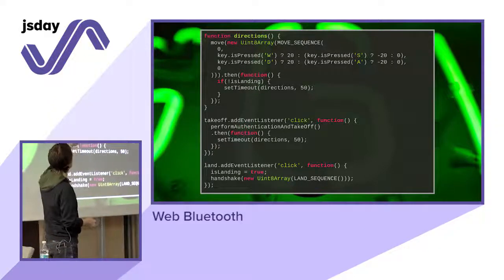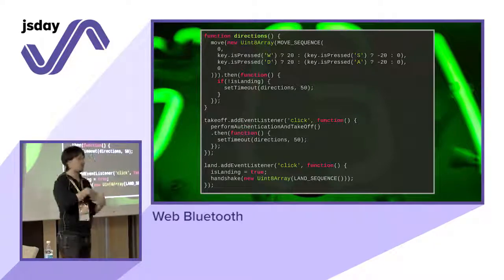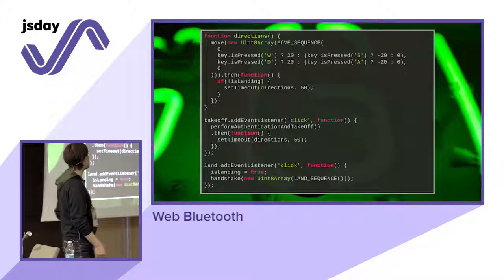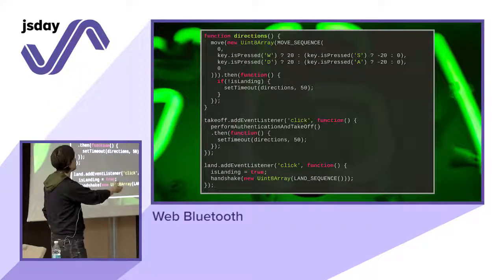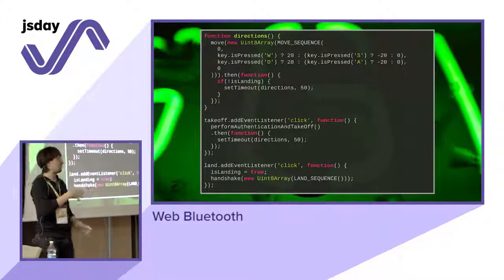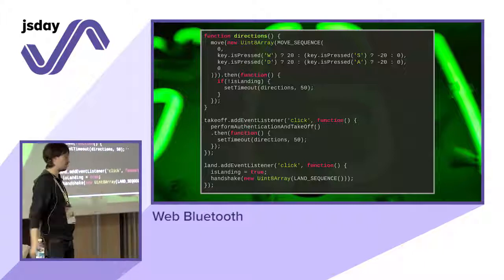But within that sequence, for example, if W is pressed, apply 20, which is kind of an average speed. If S is pressed, apply -20, and if D is pressed, apply 20, but on the roll side, to make it roll.